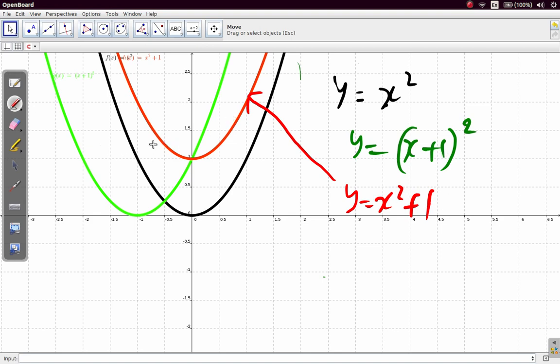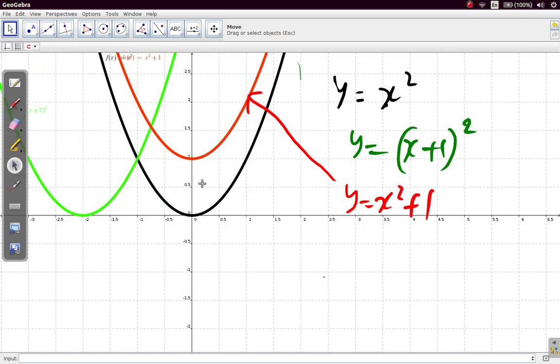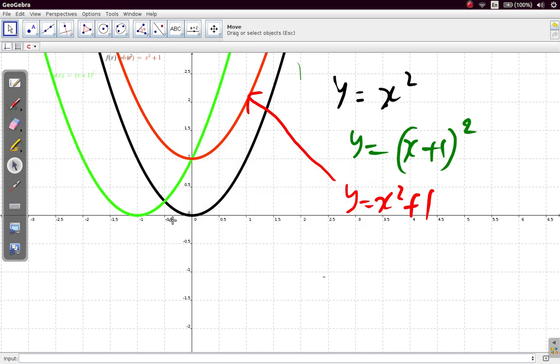Suppose we make an adjustment to our green graph, and instead of plus 1 squared, let's make it plus 2 squared. It moves x squared 2 units horizontally to the left. You see what's happening? But anyway, let's put it back now to plus 1 squared. See if it goes back. Good.